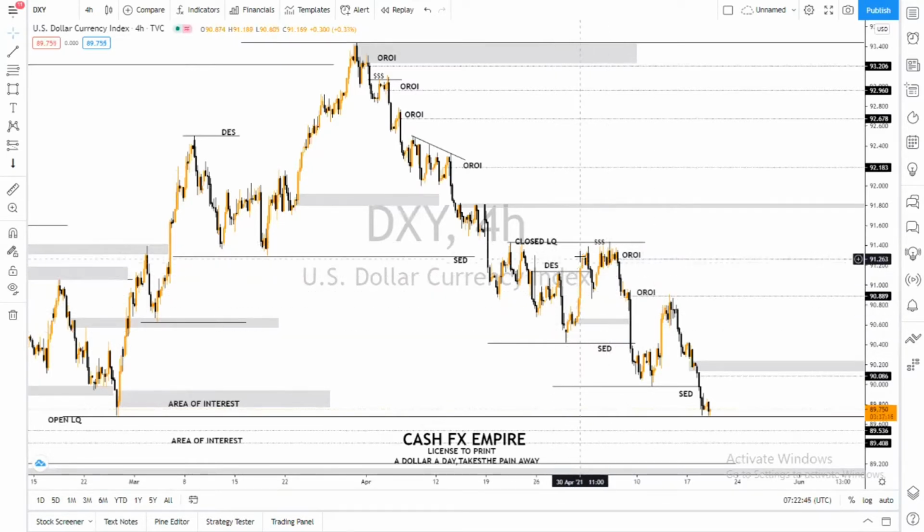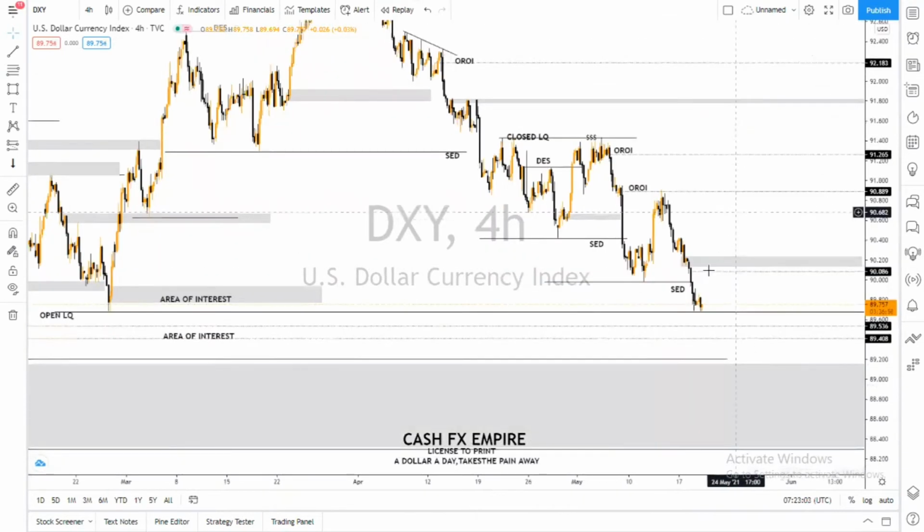But price continued drilling down until this OB. Price came into this OB and reversed. As we might see, price is trying to take out this liquidity down here, and this is the level we are at right now.